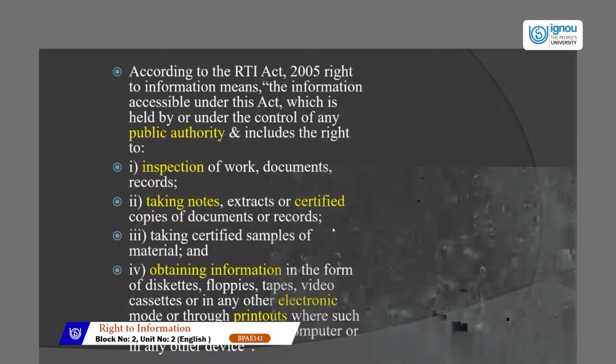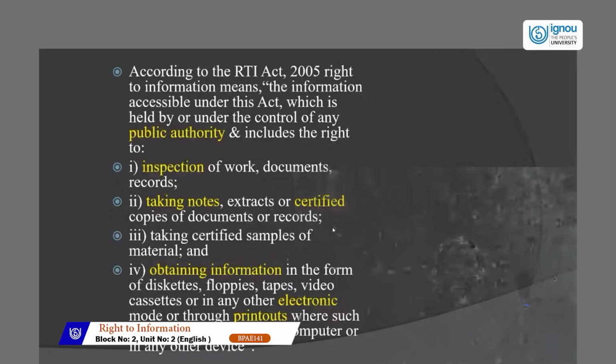And the fourth is relating to the obtaining of information in the form of discs, floppies, or tapes, or video cassettes, or any other electronic mode, or through printouts as well, from any electronic device or from a computer also. So these are the different rights that have been provided under this RTI Act of 2005.